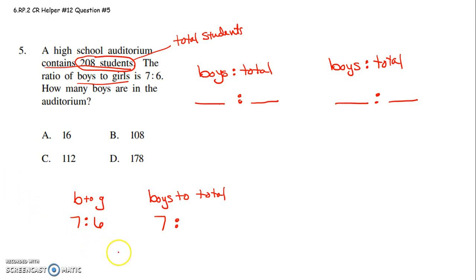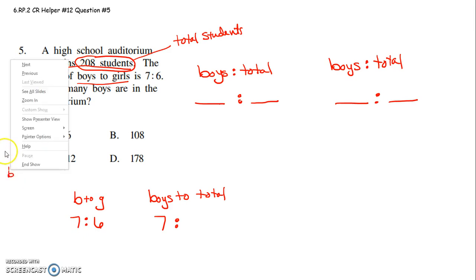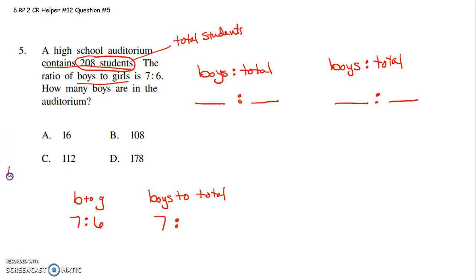If I take the boys plus the girls, that means I would take 7 plus 6, which is 13. So the total is 13, and boys to total is 7 to 13.